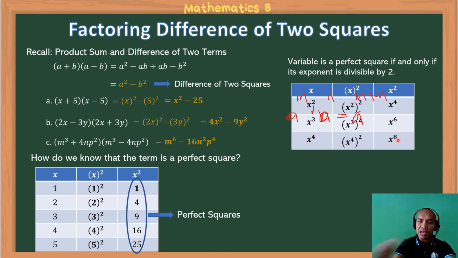Conversely, the square root of x to the power of 4 is x to the power of 2. That would mean, to obtain the square root of the variable, we just divide the exponent by 2. So 4 divided by 2 is 2, so x to the power of 2. So therefore, this is now the square root of these numbers here. This concept is very important as we move along in this lesson.